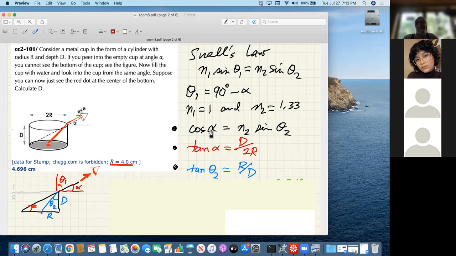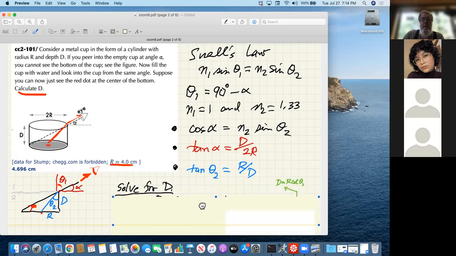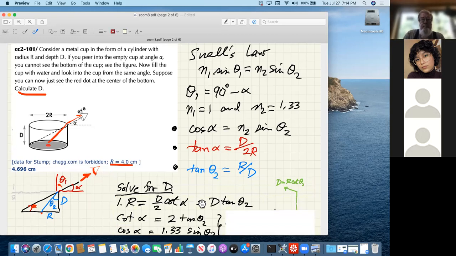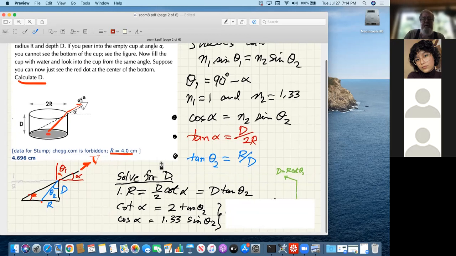Well, if I have three equations with three unknowns, I should be able to calculate all the unknowns. Now, what the problem asks for is D. So I want to solve these three equations and end up with the value of D. So now the rest of the problem is to solve for D. At this point, it's just math. It's just a bit of algebra or using trigonometric functions.